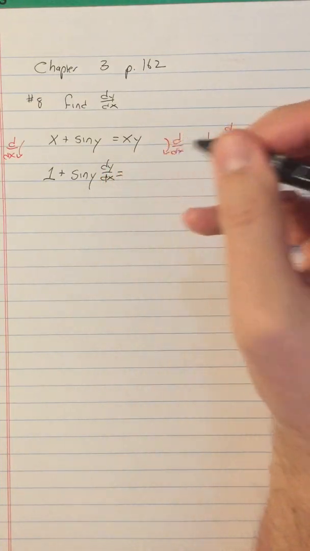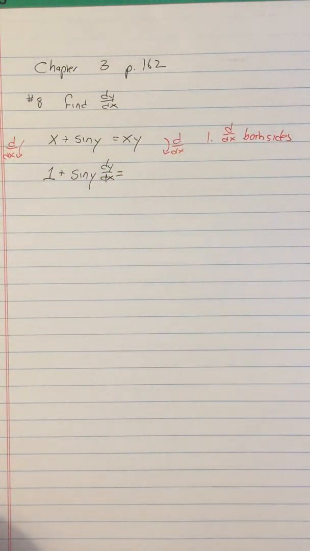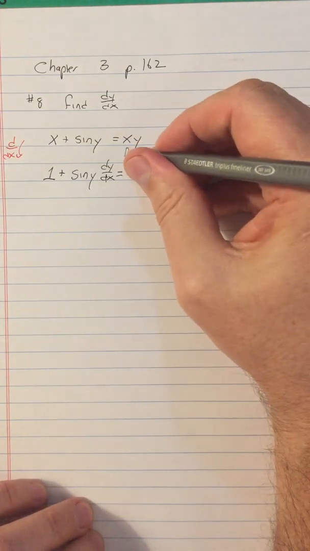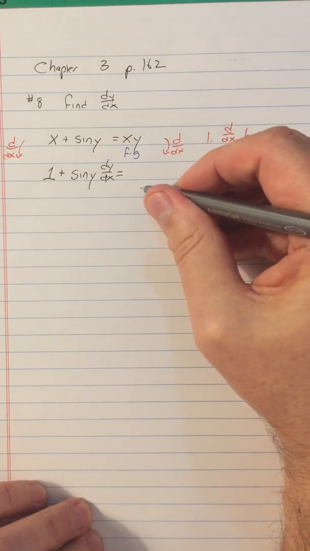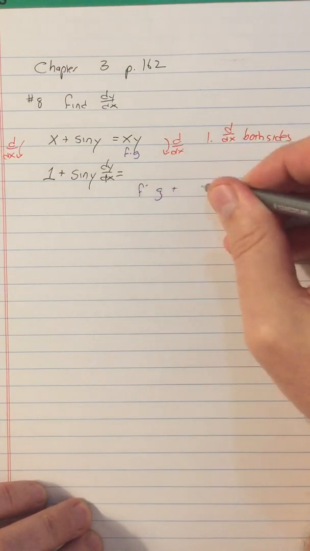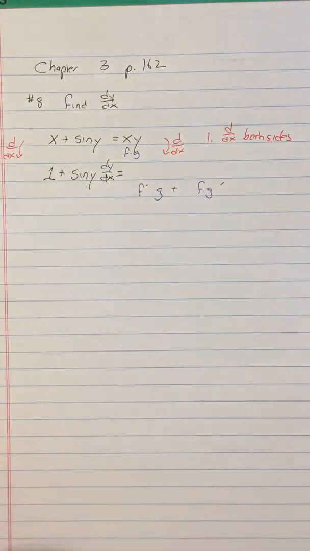All right. And then over here, this is a good example of a pretty tricky one because you have a product, f times g. So that means we have to use the product rule, f prime g plus f g prime. And we're going to have to be really careful about when we pick up a dy dx and when we do not.